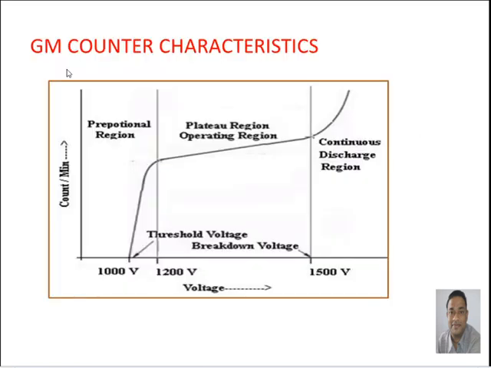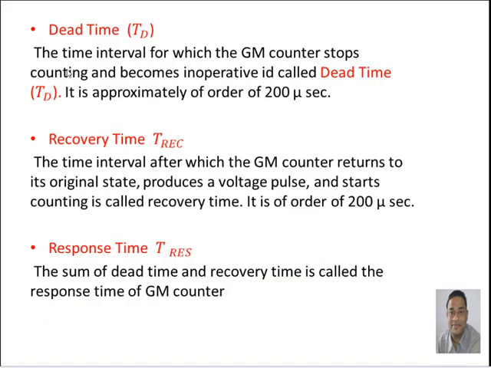In this particular figure, the breakdown voltage occurs at 1500 volts. In this continuous discharge region, the GM counter's rate of counting goes on increasing, and there is every possibility that the counter may burn out. So whenever we are operating a GM counter, the first precaution that is taken is that the applied voltage never exceeds the breakdown voltage of the GM counter.